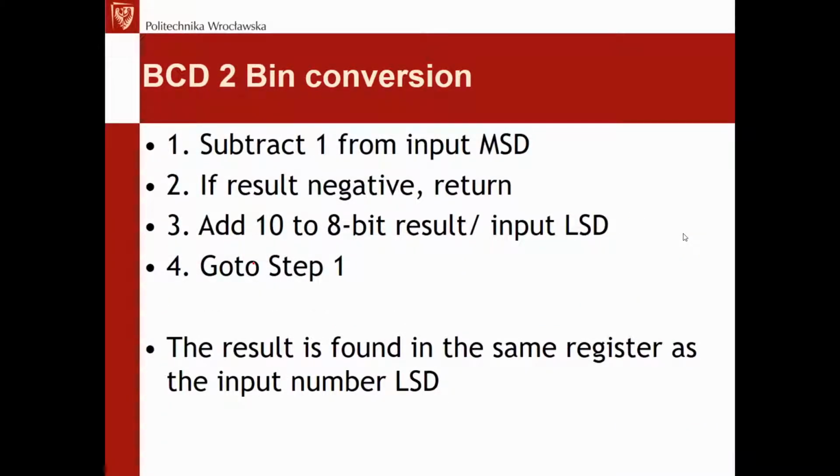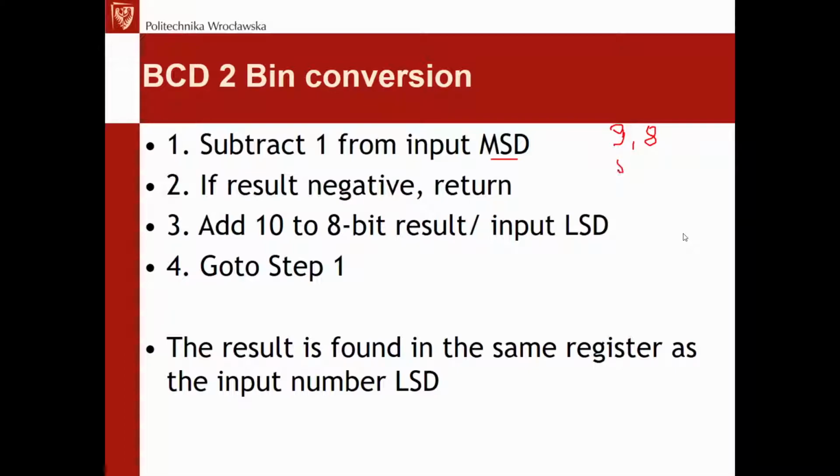Same thing is about the conversion in the second direction, so from BCD number to binary. The simple iterative algorithm you can see here. So we subtract 1 from the MSD, because we have a number like this, let's say 98. So first we subtract 1 from 9, because we have this quadruplet.